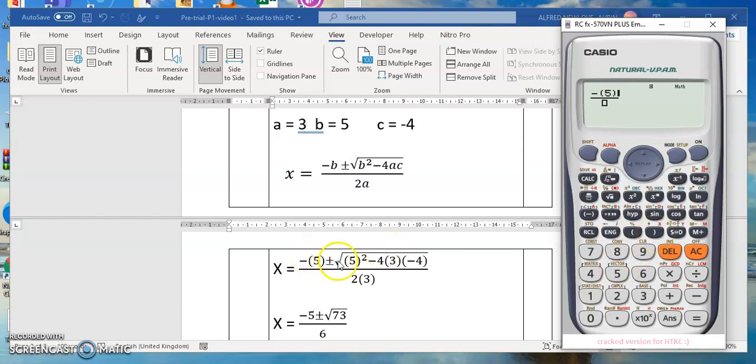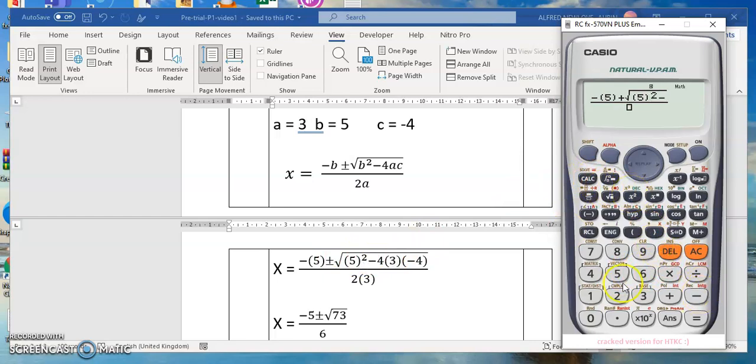Then it's plus or minus, so we start with plus. Then square root, this square root. So you press the square root. Then into bracket, you have your bracket, 5. Close the bracket. It's a square, so you press this square.